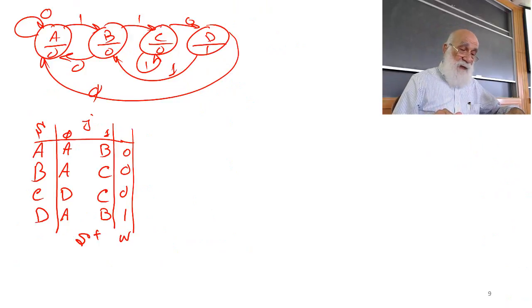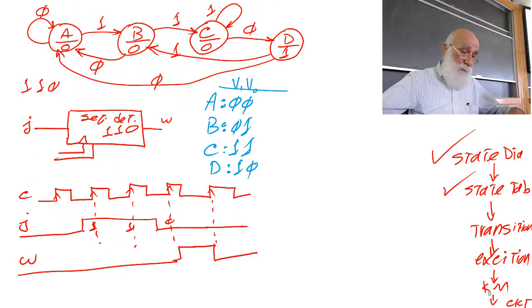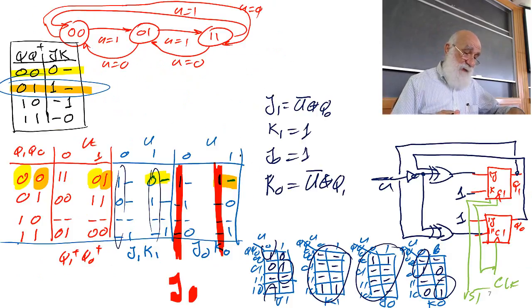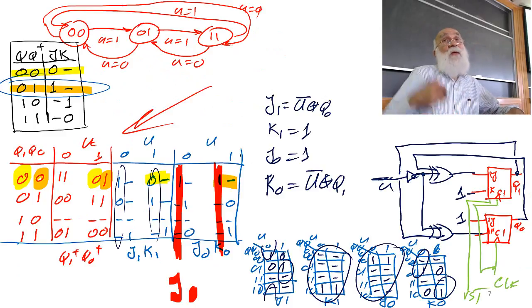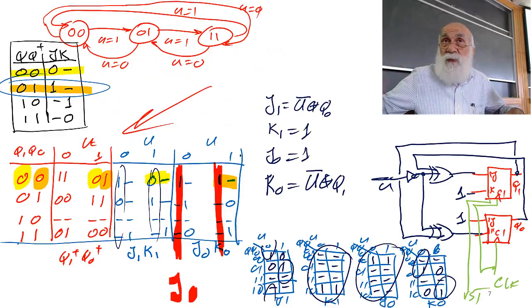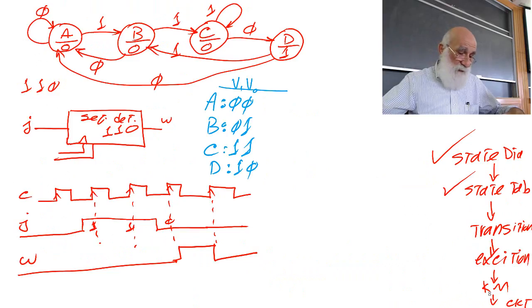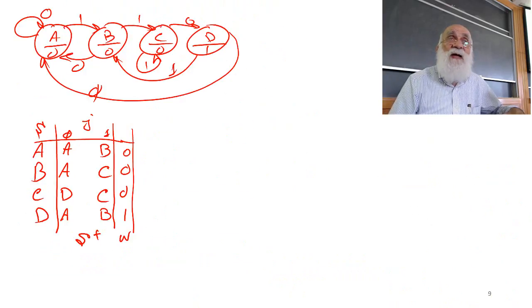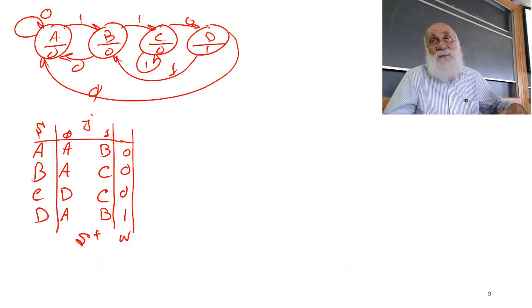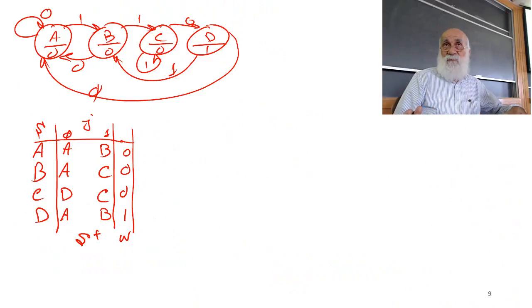All right. Now I look at this table and compare it with this table that I have over here. The good thing about this table, which enabled me to turn it into truth tables and Karnaugh maps, is I only have zeros and ones. The problem with this table is I don't have zeros and ones. I have A's, B's, C's, and D's.